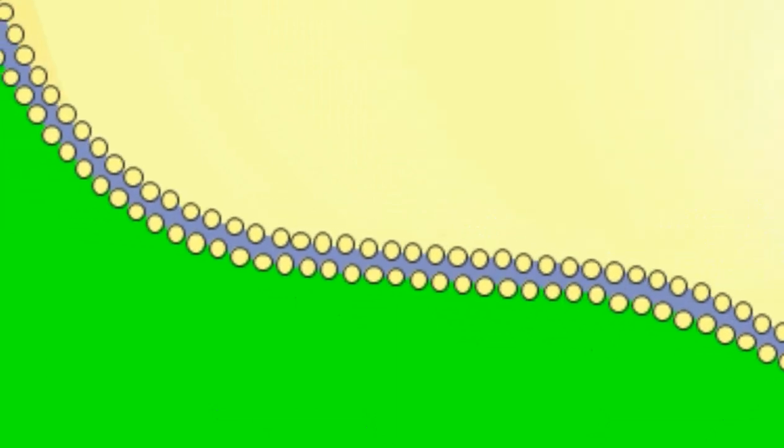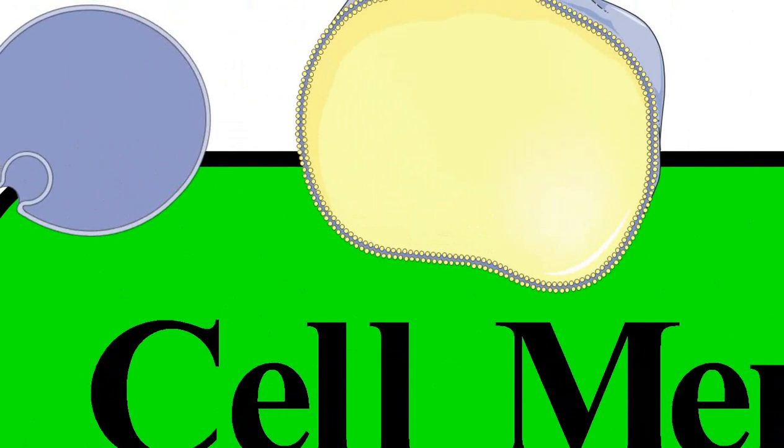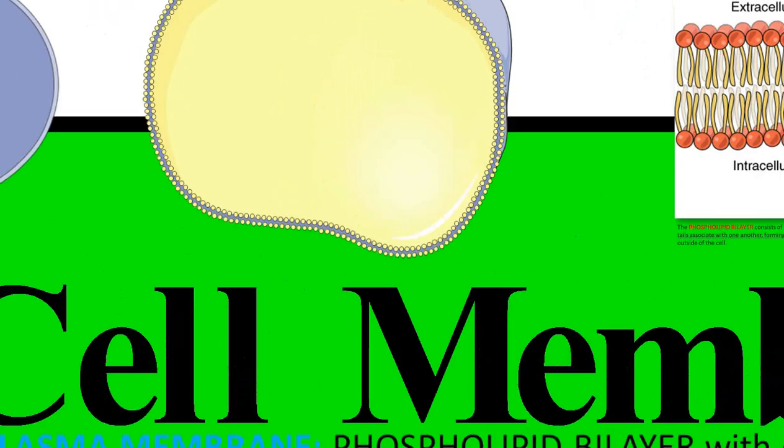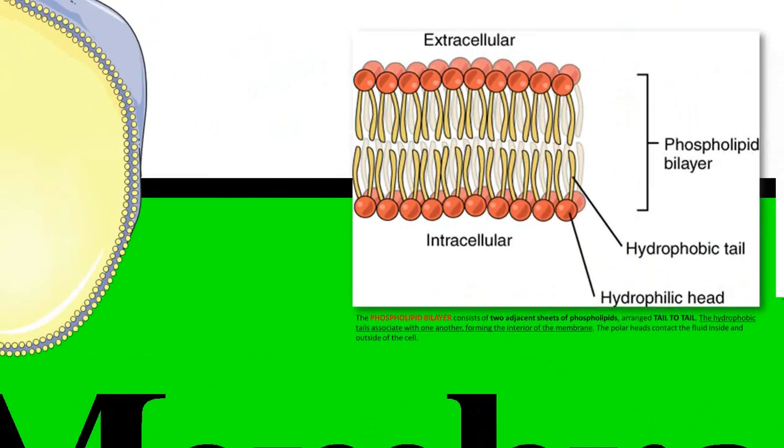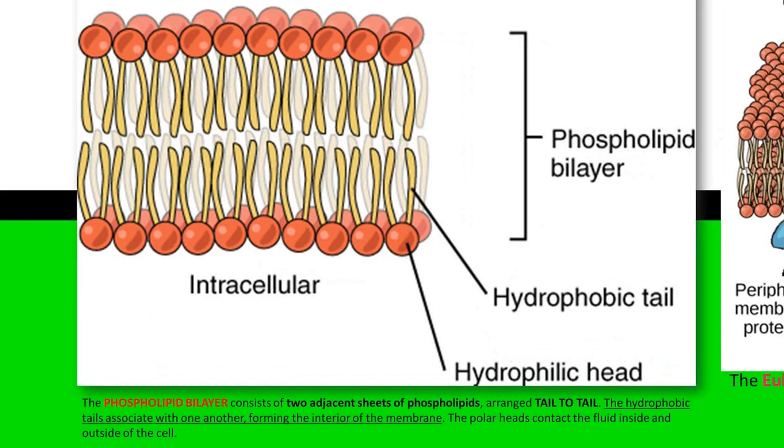We can see the two layers here. This is the lipid bilayer which forms the boundaries of the cell. This is the phospholipid bilayer here.